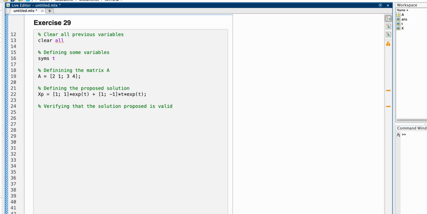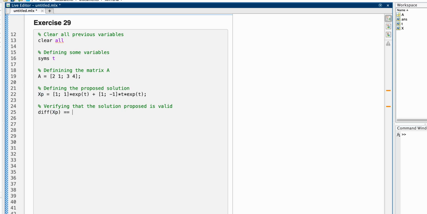We had an x prime, so we need to take that solution and take the derivative of it, which you do this way: diff of that. Then if you wanted to specify the variable, you'd specify with respect to t, and if you wanted to specify a first derivative, second derivative, you do 1, 2, 3, and so on. But since there's only one independent variable, MATLAB will just pick it up.